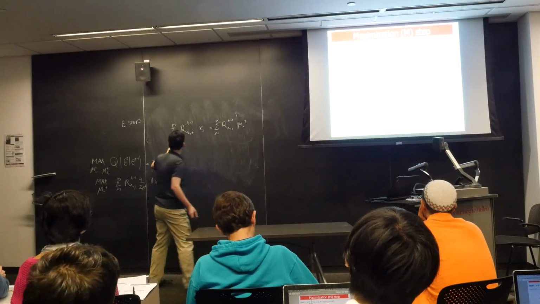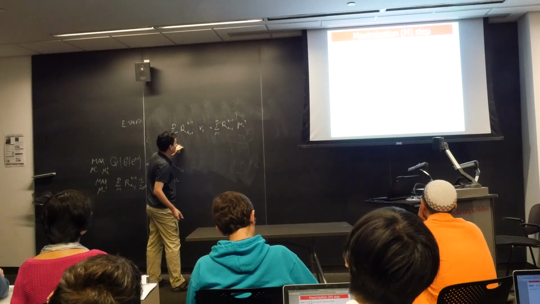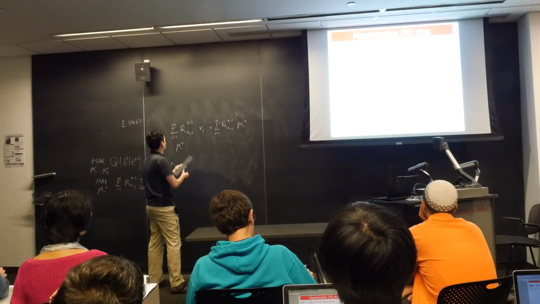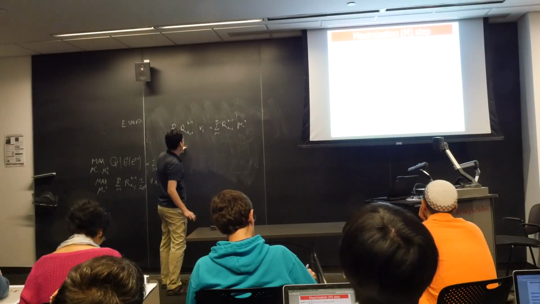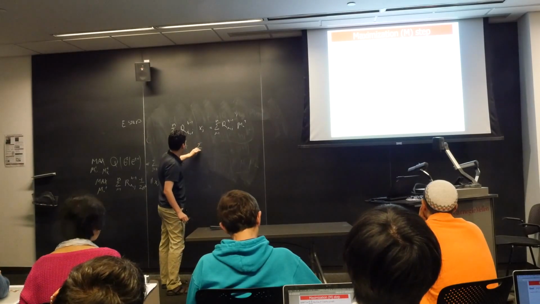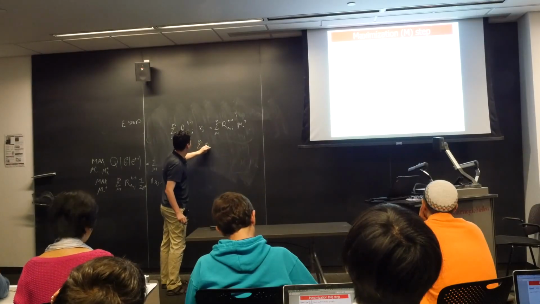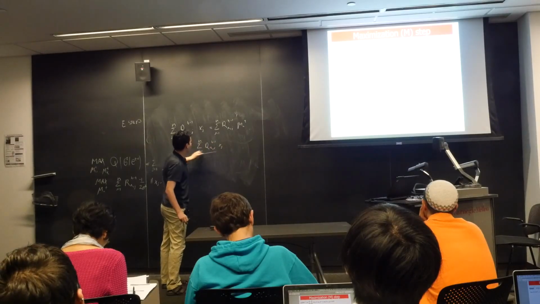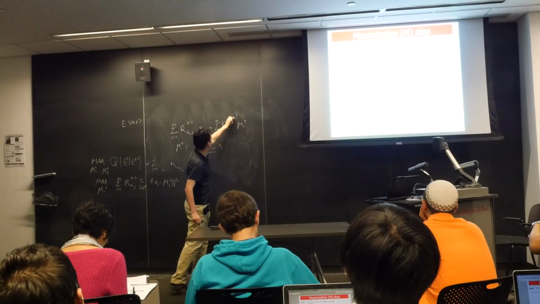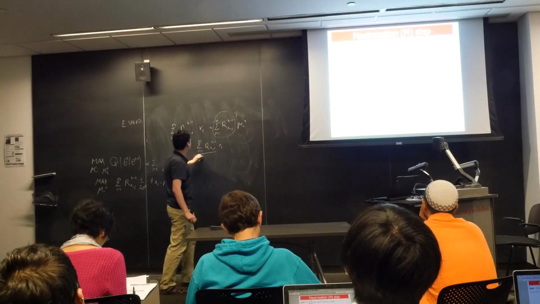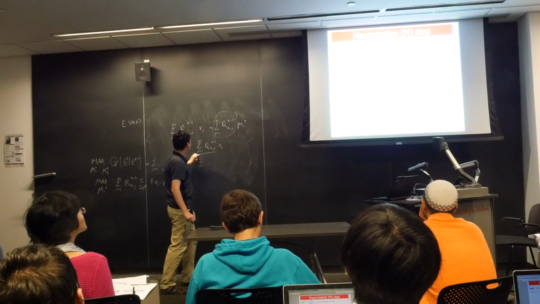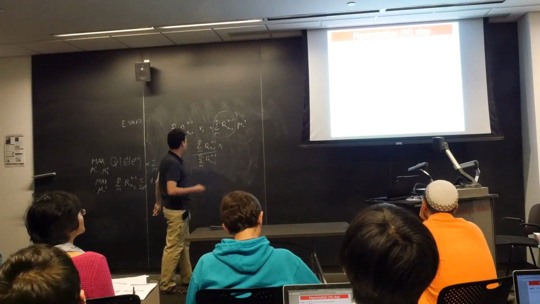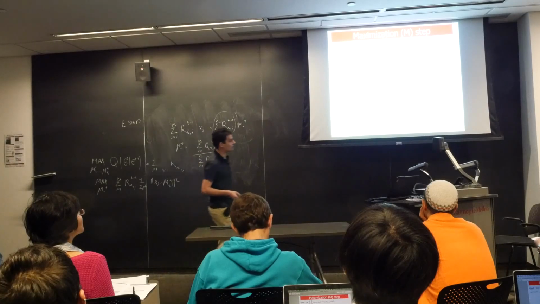And from this, mu_i^t is just the sum j going from 1 to n of r_ij^(t-1) x_j, divided by the sum j from 1 to n of r_ij^(t-1).